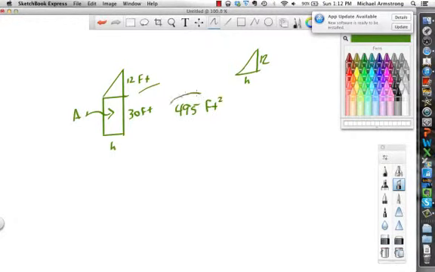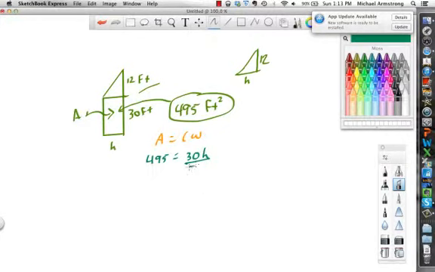That's 495 feet squared just for the rectangle part. All right, so we're going to start with that. And so we're going to go area equals length times width. And then I'll go ahead and put it in. 495 equals 30 times h. So we got 30 as one dimension, and h is the other, length and width, or base and height, however you do that.